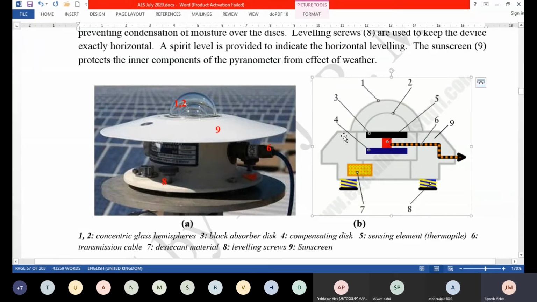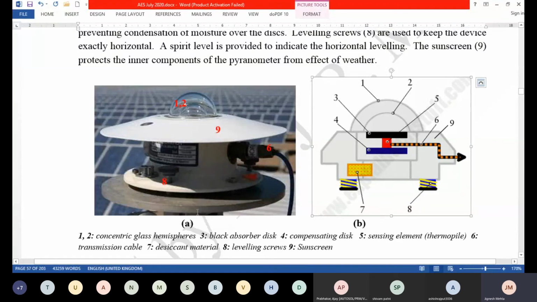That is one of the purposes of keeping this compensating disk. The compensating disk is at ambient temperature, so it provides the required correcting signal, and you correct the signal produced by the absorber plate. There is a thermopile below that, which gives you a millivolt signal that has to be corrected, and then you transmit it through this cable.